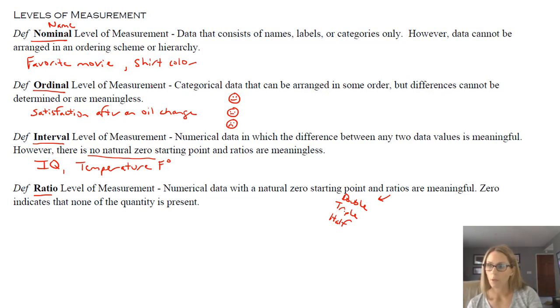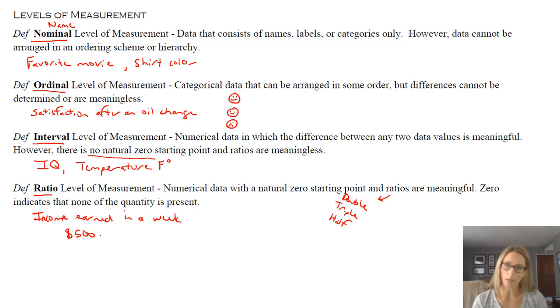A good example of that, one of the most basic examples, I'm sorry for the beeping, is income earned in a week. Money is a very common thing. So let's say you earn $500 a week, but your friend Joe earns 1,000. So he earns double what you make.